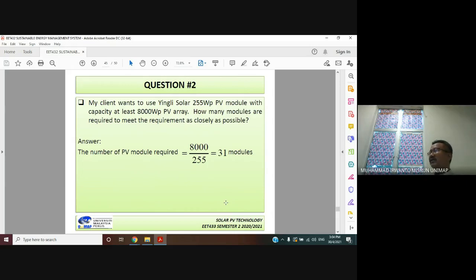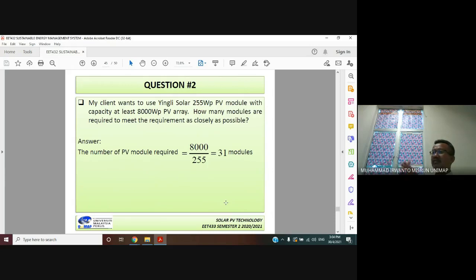This example gives the information that a client wants to generate an 8,000 watt peak PV array. If we use the Yingli PV module, each PV module is 255 watt. How many PV modules are needed? This does not consider the connection of PV modules, or volt and ampere.